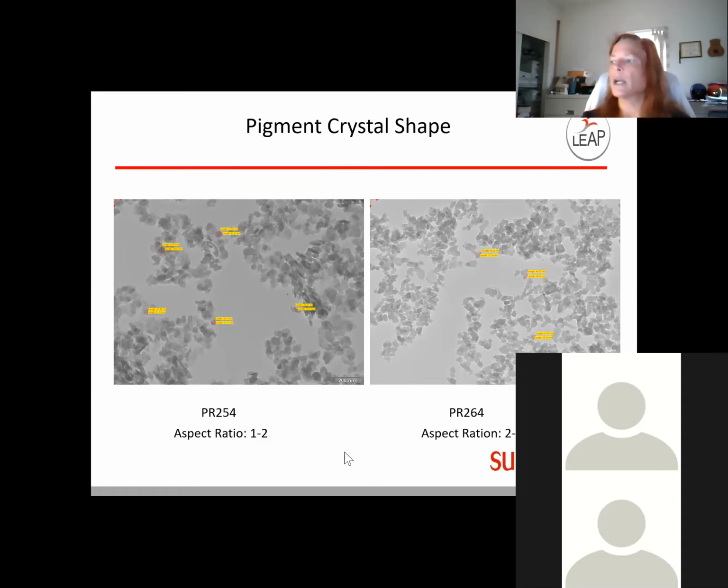I've included here a couple of TEM pictures of red 254 on the left, which typically have aspect ratios in the 1:2 range. The 264 on the right, those aspect ratios, oh, I spelled that wrong, is in the order of 2:3 in there. So they all fall into that block or square type of crystal shape.